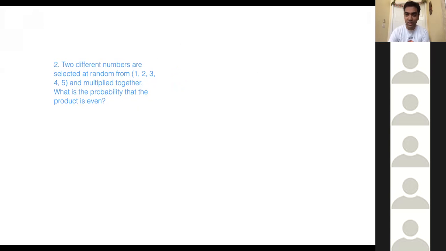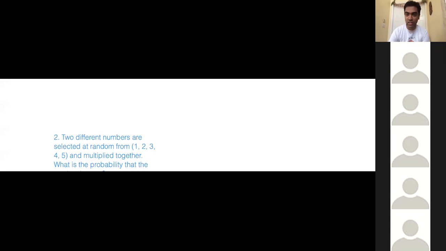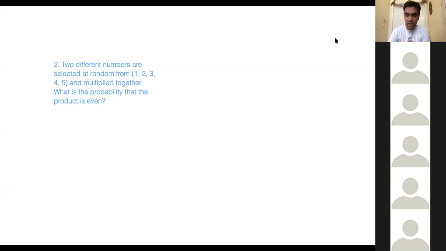Wow, okay, quite a few answers. They're all correct. Yep, 7 out of 10 or 0.7 is correct. Let's see. Okay, Sanvi, can you explain?